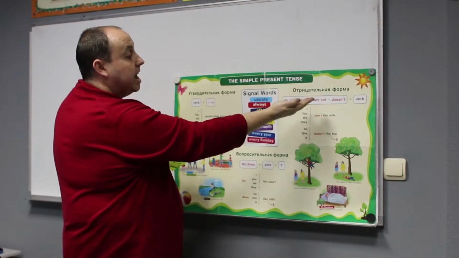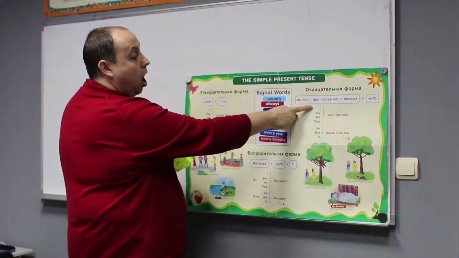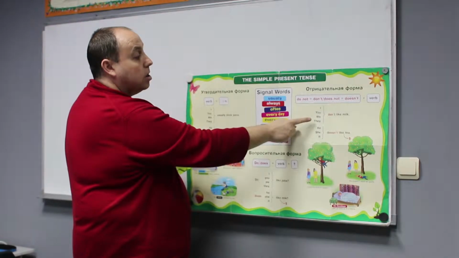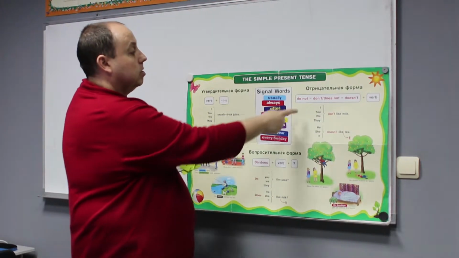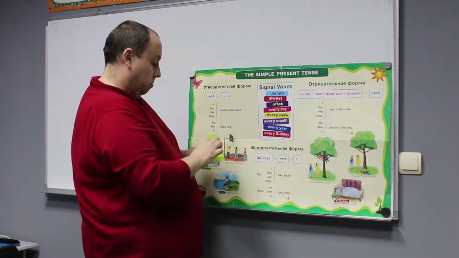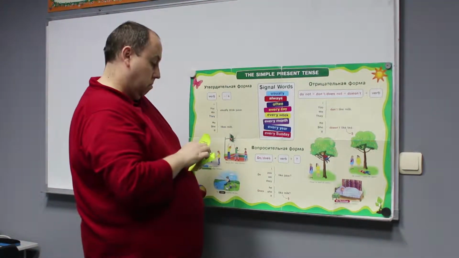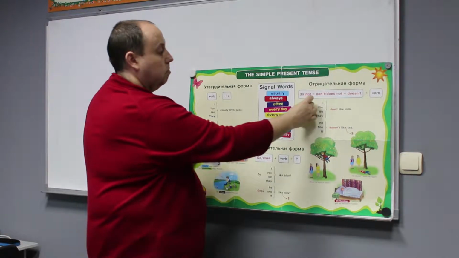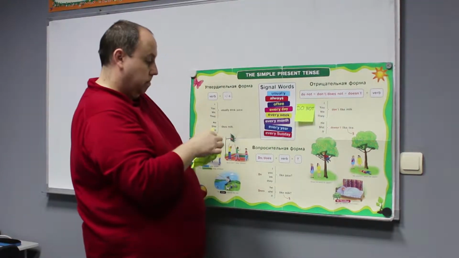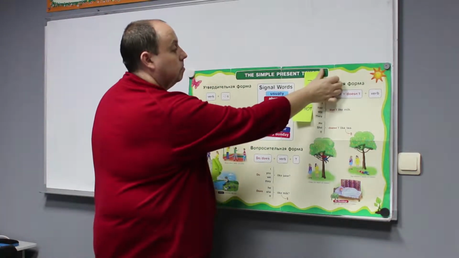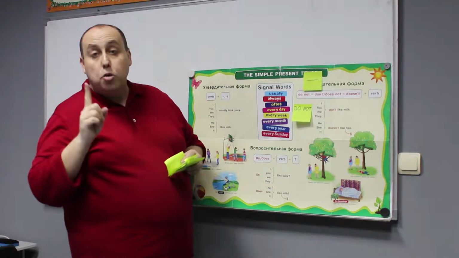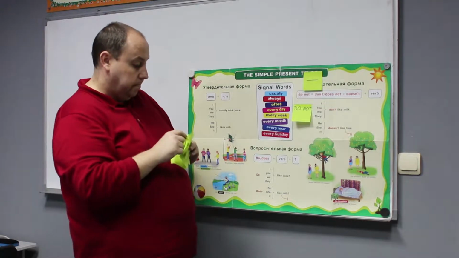Here we are, the negative form. I, you, we, or they. We have the helping verb, do not. There you are, do not. Then we have a negative. Followed by the verb in the first form.